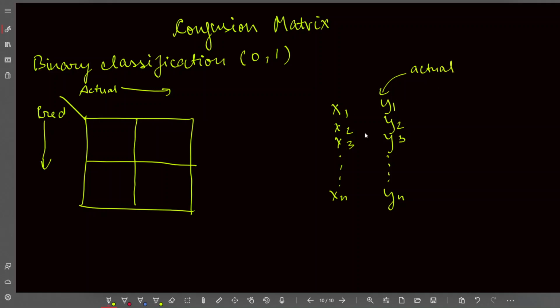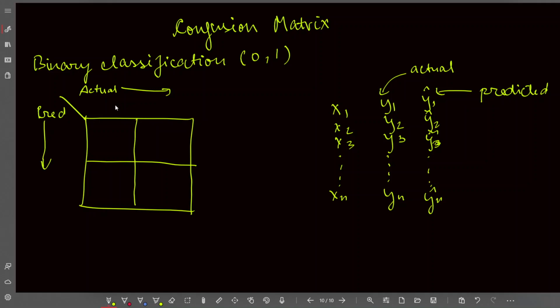And when the model works on this data set and predicts some class for each data point, let's say those predicted classes are y1 hat, y2 hat, y3 hat, all the way to yn hat. So these are the predicted values.